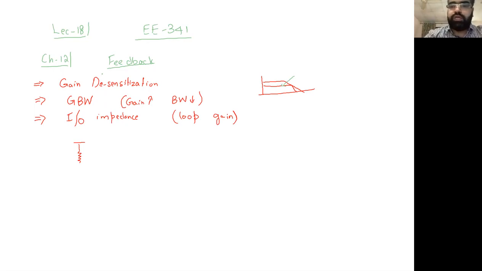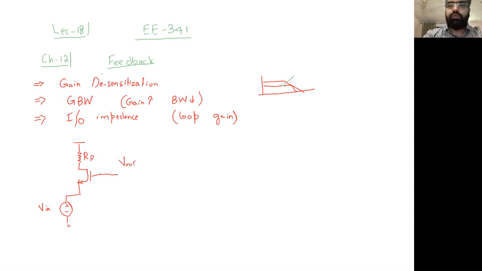So we took this circuit, the common gate with a feedback. Here we have some voltage source, which we use for an input, Vin, for example. Here we have RD, and this is an output for us.